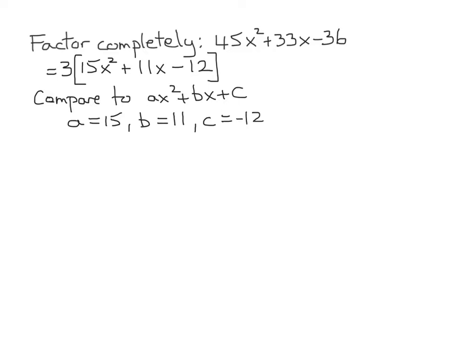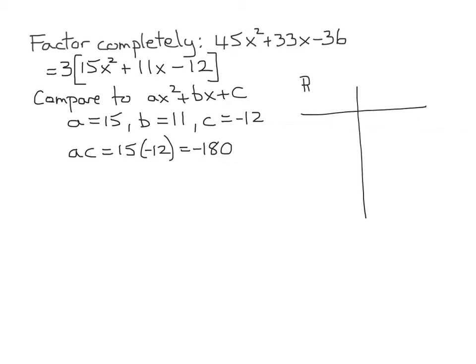And so what we're going to do when we're factoring, we're going to multiply a times c. So I get 15 times negative 12, and 15 times negative 12 is negative 180. That is going to be our product. So we're looking for a product of negative 180.